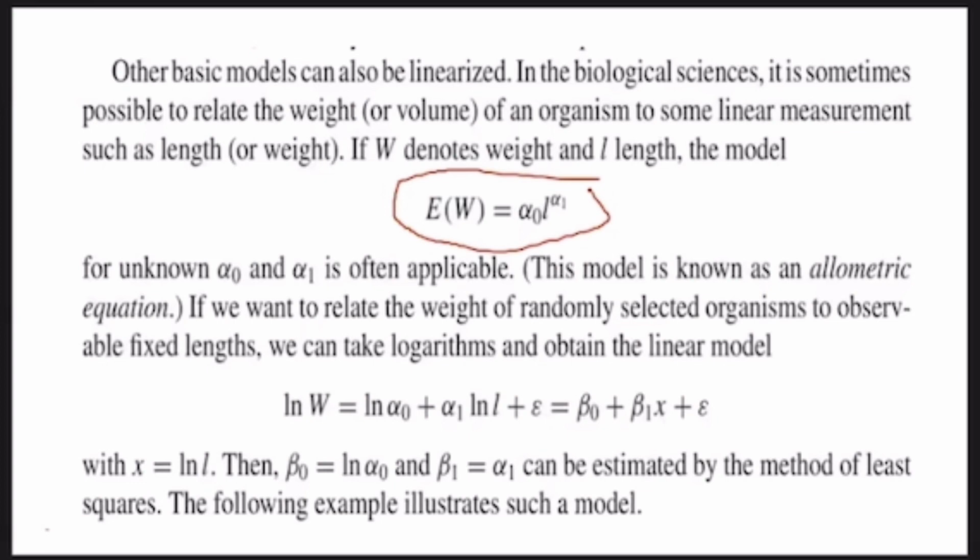This specification is actually nonlinear. Now, if we want to see whether this can be linearized, we're going to take the logarithm of both sides. Taking the logarithm of both sides and adding error, we have that. Can you see that?